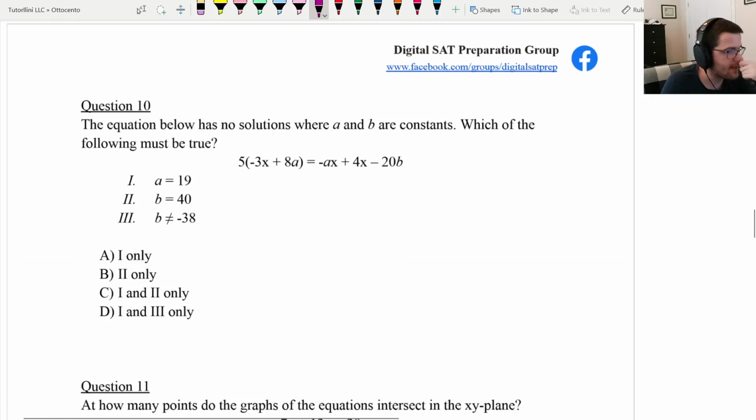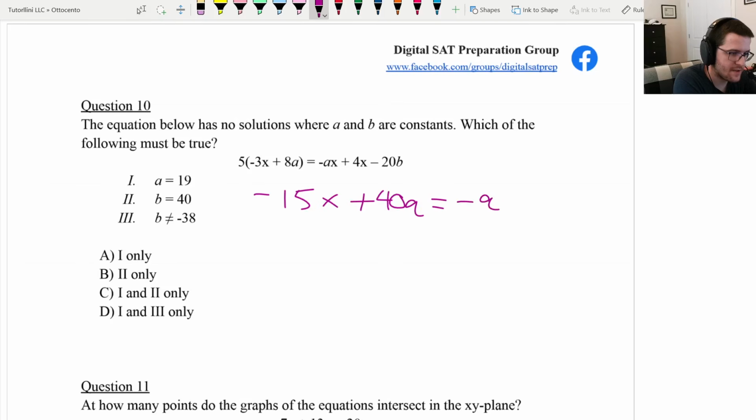Okay, all right, I'm definitely going to have to distribute that left one. So that's negative 15x, and then plus 40a equals negative ax plus 4x minus 20b. And now, really the only guy that's out of place is this 4x here.